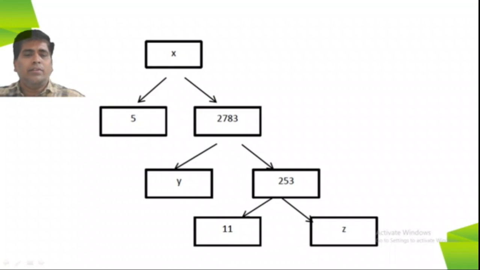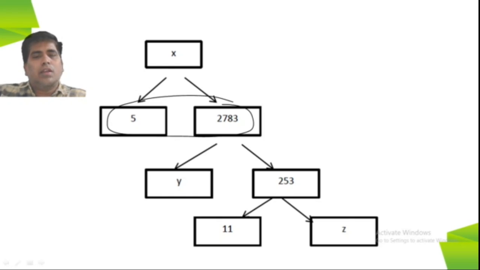Let us see what is given further. The same model he prepared has been given as a question for us. This is a question in the case study only. We have not yet started question number 1, 2, 3. Before we start questions 1 to 5, first we'll solve this puzzle. The product of these two gives x. x is equal to 5 into 2783.